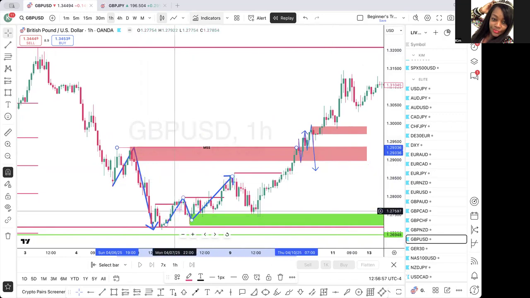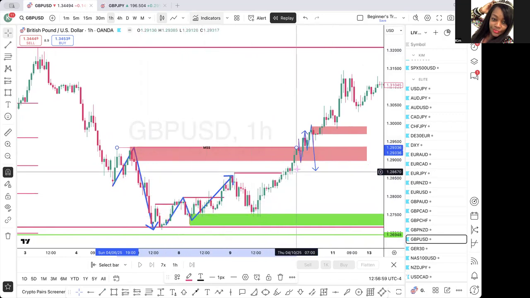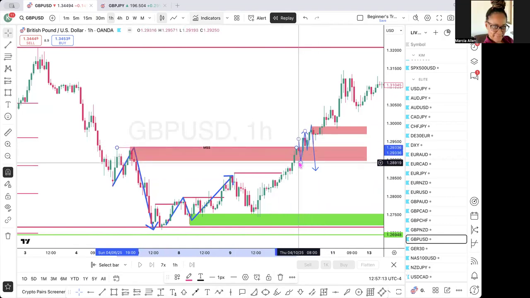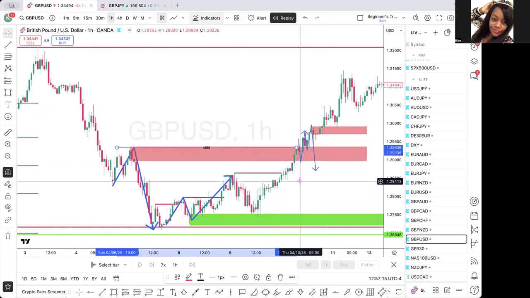But you could have bought up to this zone to either look for a shift in structure to then continue selling down, or wait for price. If price had not broken this high and the shift happened before that, then you would have been looking to continue to sell.